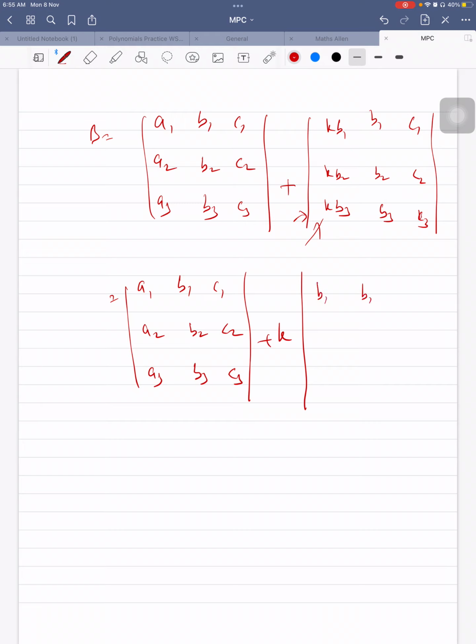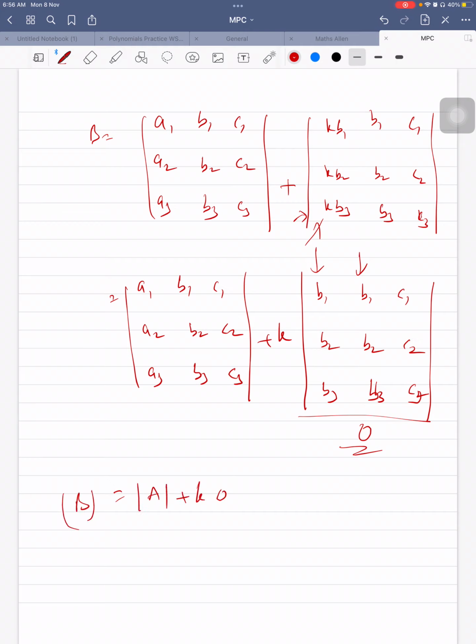This is B1, B1, C1, B2, B2, C2, B3, B3, C3. See, these two columns are equal. So in any determinant, if two columns or rows are equal, the determinant becomes 0. We already saw that. So plus K into 0. This way you can easily do whatever you want.